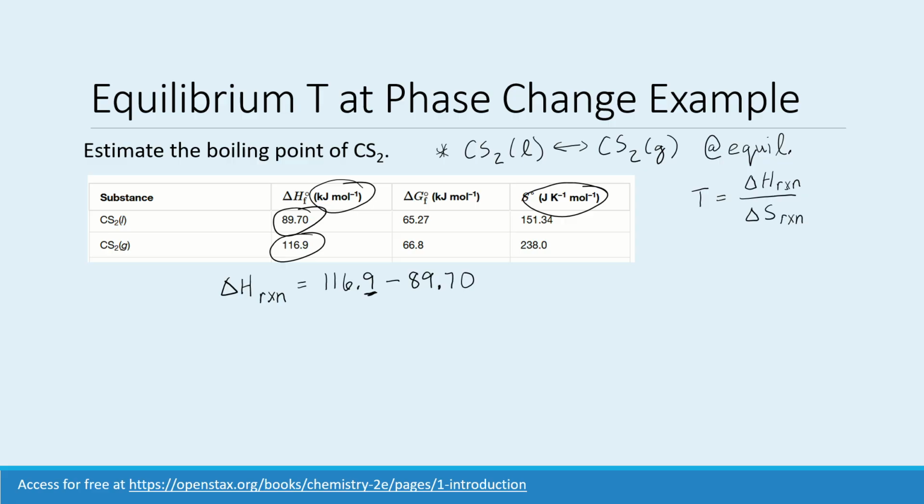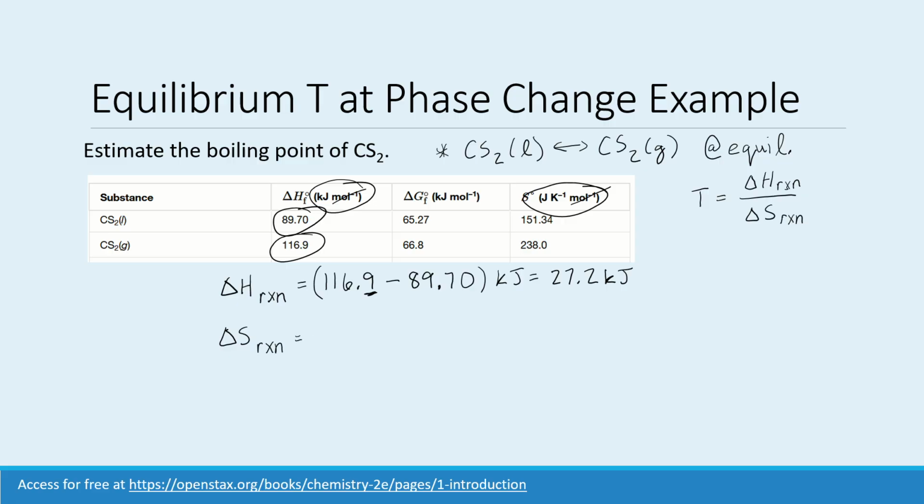We're going to ignore the per mole part because the entropy values are also in per mole. So those moles will cancel, and we're focused mostly on the kilojoules. Okay, so enthalpy of reaction, you should get 27.2 kilojoules.